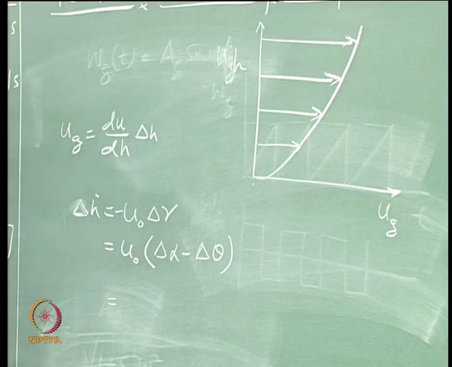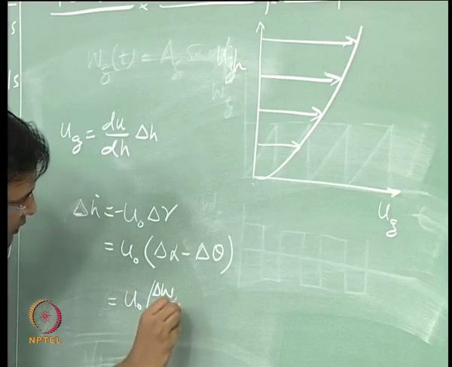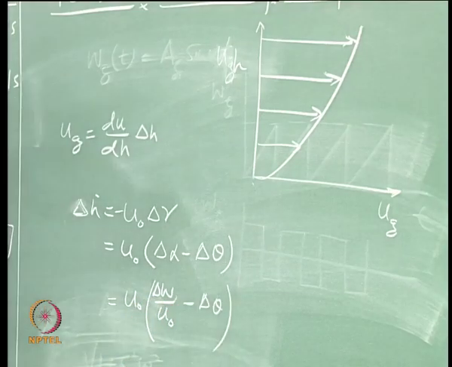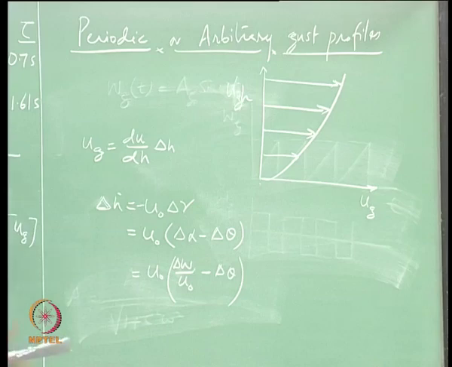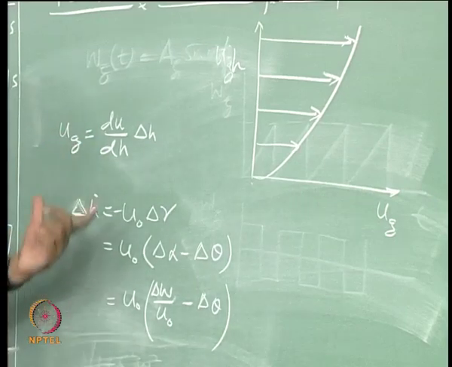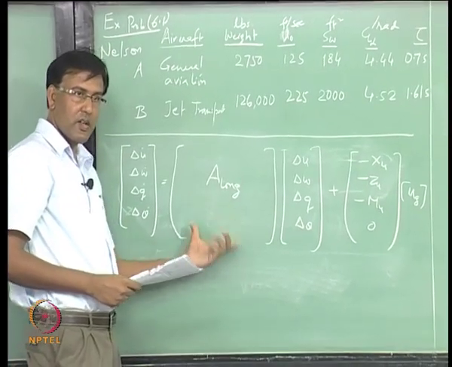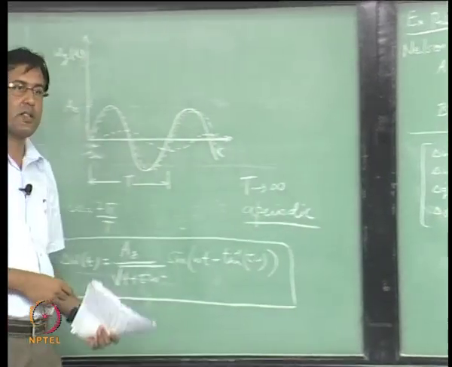So, you can either write this delta W dot in terms of delta alpha dot, or you can do this. So, let us try to include this gust or the wind shear through this equation, try to take that into the same matrix, and then we can look at the eigenvalues.